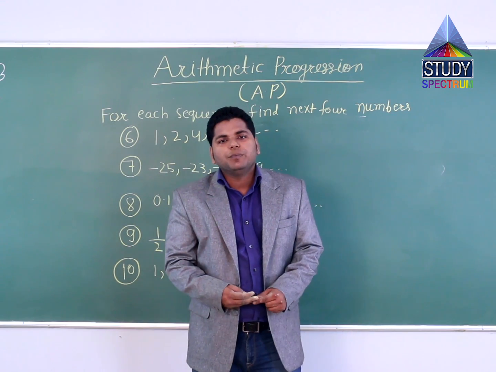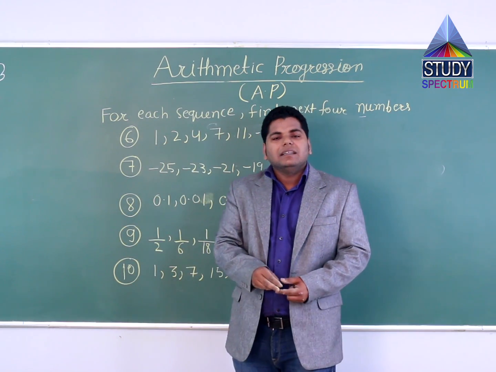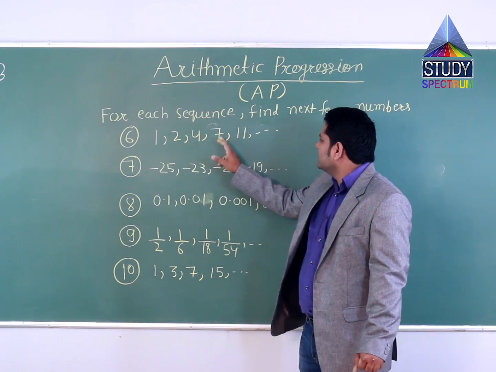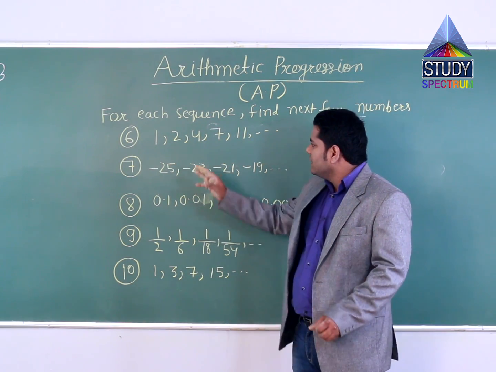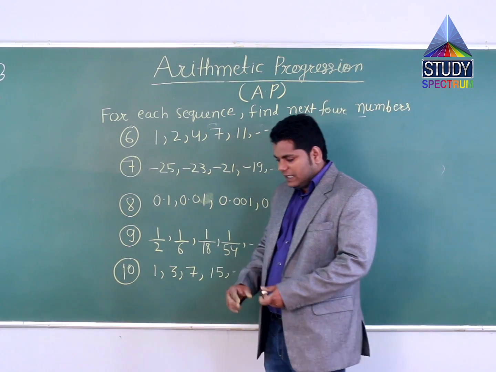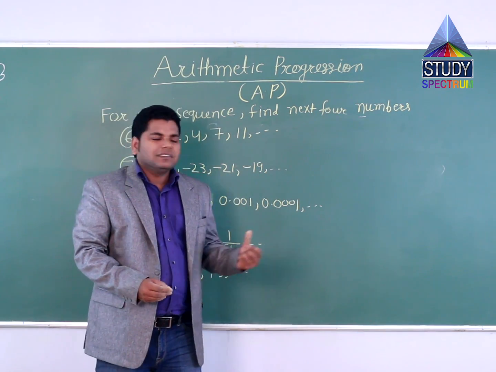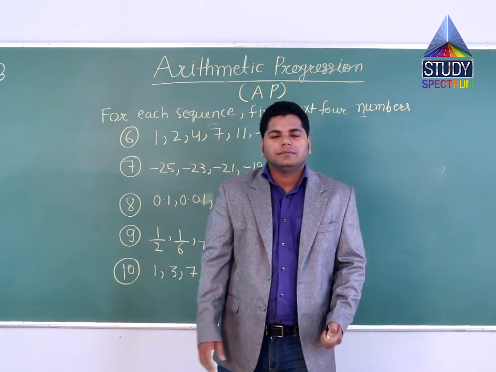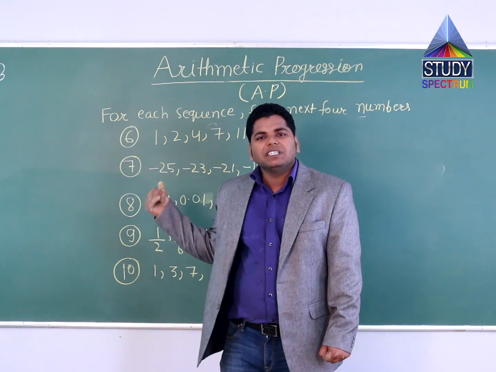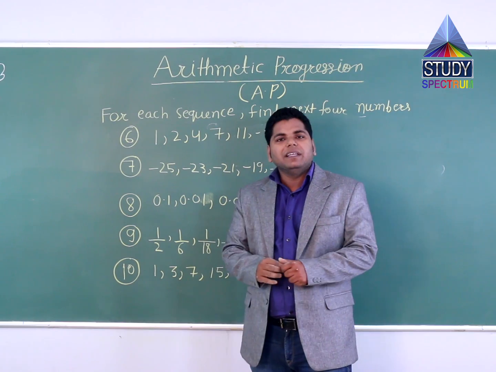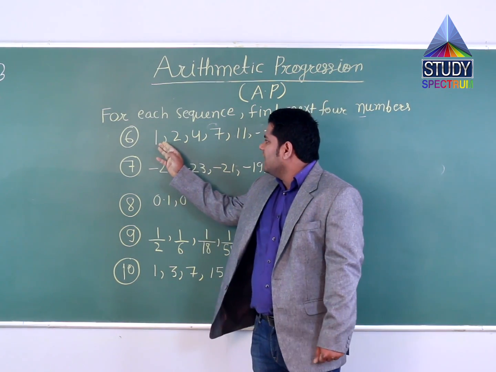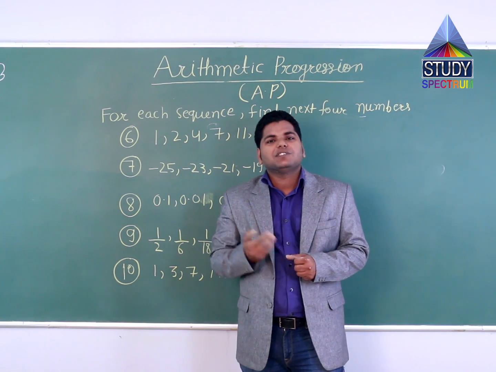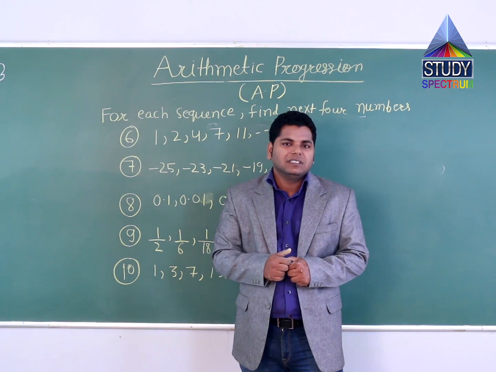Now move to question number 6, and the arrangement of numbers you are given is 1, 2, 4, 7, 11, and you have to guess the next 4 numbers in that sequence.